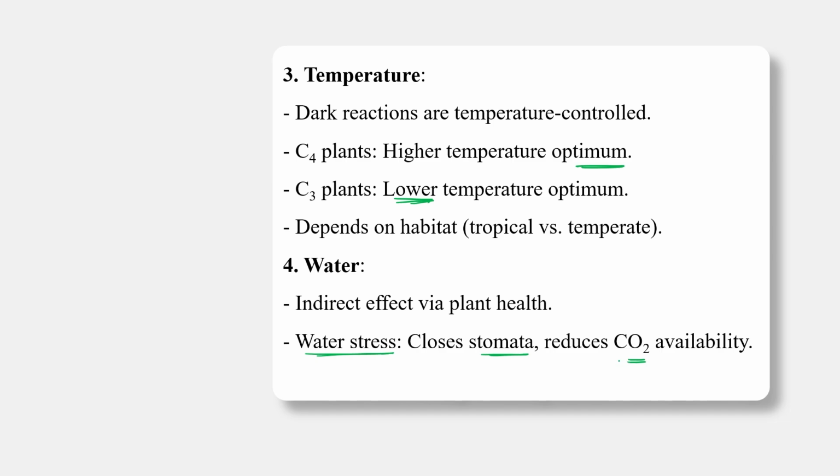So under water stress, stomata close and reduce carbon dioxide availability for fixation. Water stress also causes leaf wilting, reducing surface area and activity.